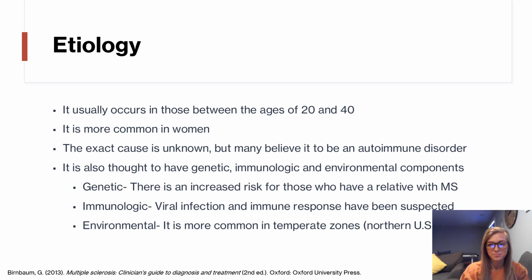And then a viral infection and immune response have also been suspected as a cause. And then it's also more common in temperate zones, so the northern US. So some people think that could be related to it or possibly be a cause of it as well.